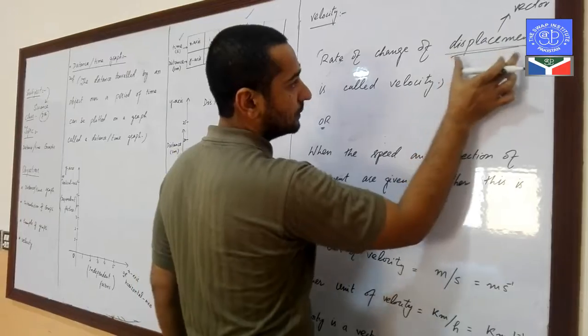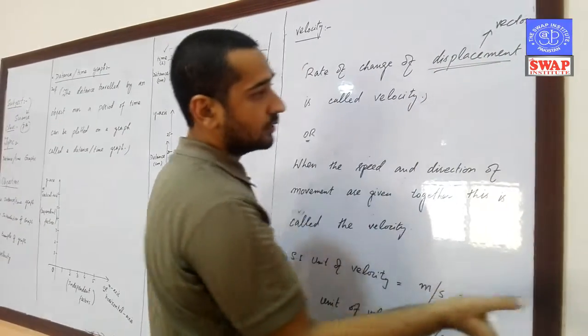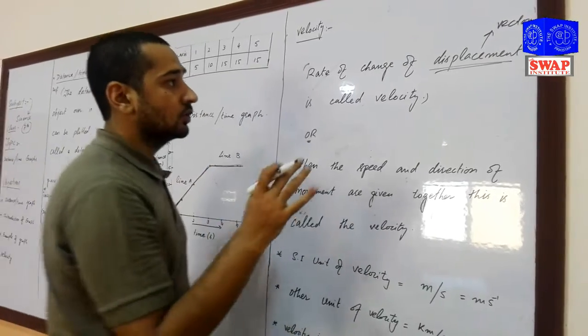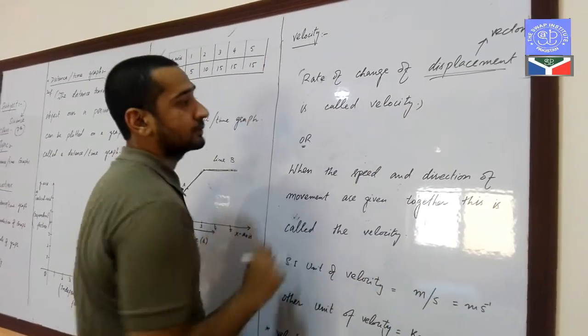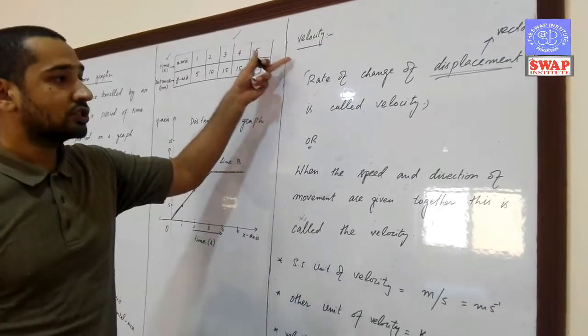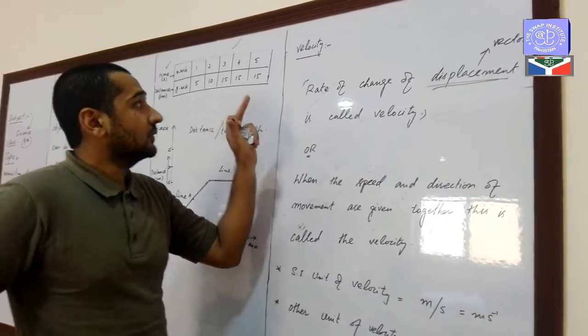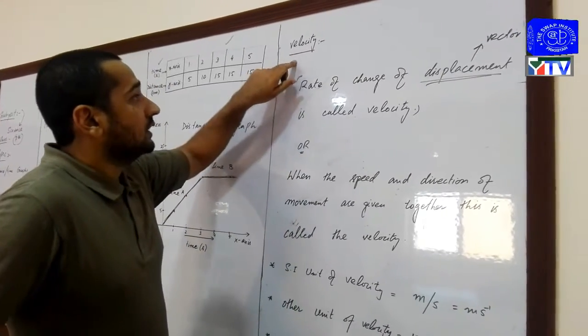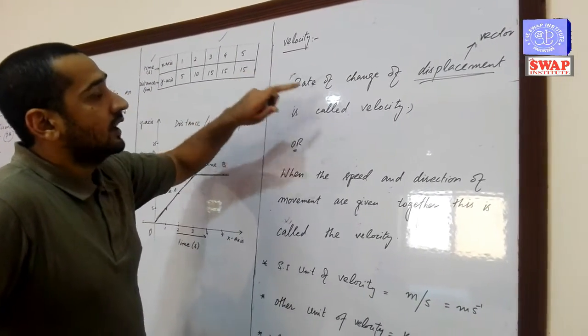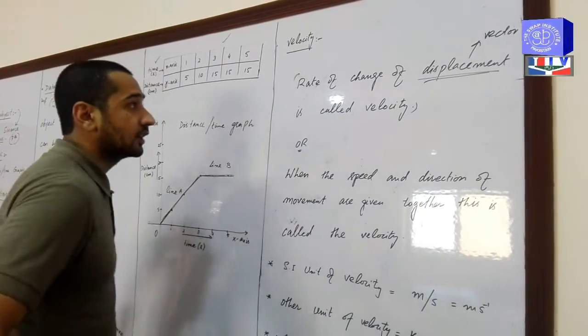In the definition of speed, if we replace displacement with distance, we will get the definition of speed. And the unit of both velocity and speed is the same, but with a little bit of difference. Velocity is a vector quantity and speed is a scalar quantity.